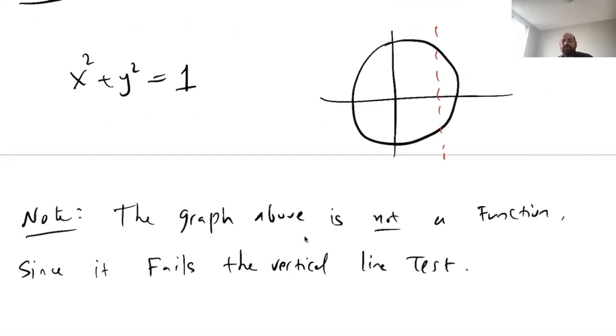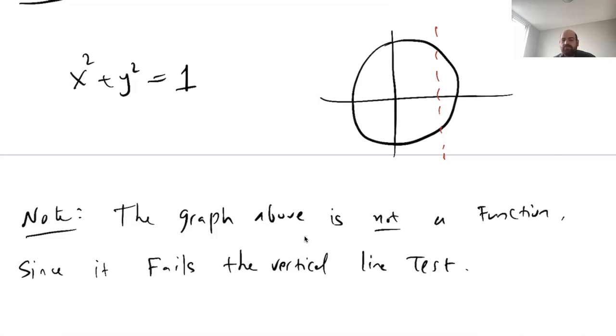It's not a function because there is a vertical line that passes through the graph twice. So you may think that we shouldn't be concerned about it. Well, yes, it's not a function, but it is still a curve, right?